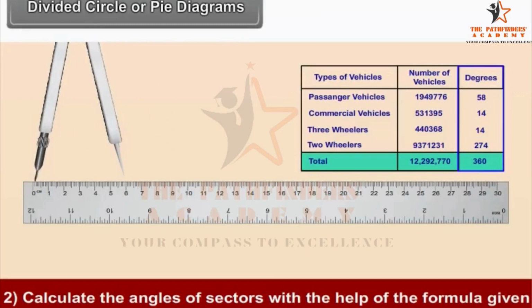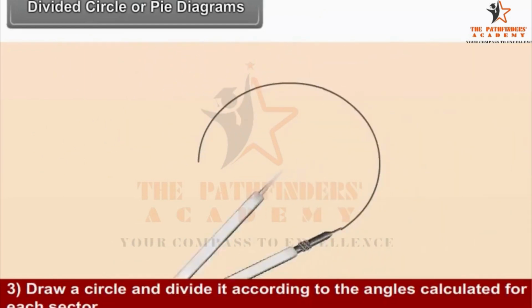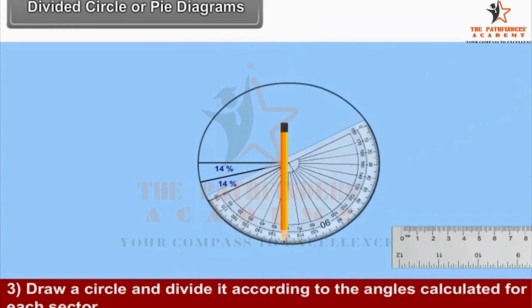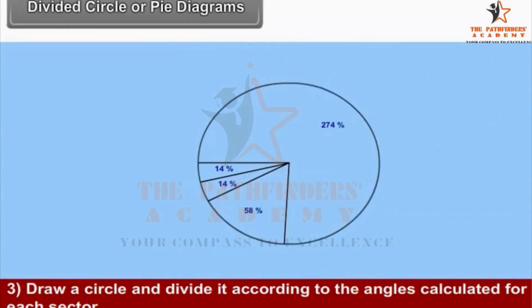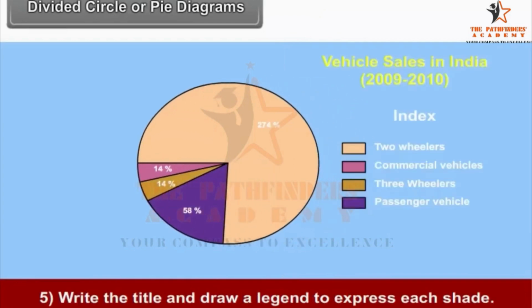Calculate the angles of sectors with the help of the given formula. 3. Draw a circle and divide it according to the angles calculated for each sector. 4. Shade the sectors. 5. Write the title and draw a legend to express each shade.